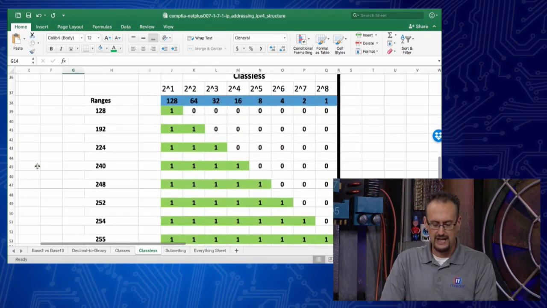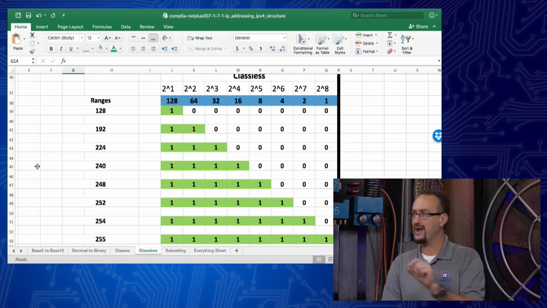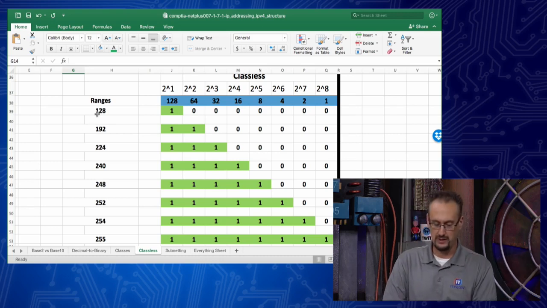If I have a /9, well, I know that I have 8 bits, so that means 1 octet has to be 255. That's my way marker. So what's the decimal value for 1 extra bit? Well, it's 128.